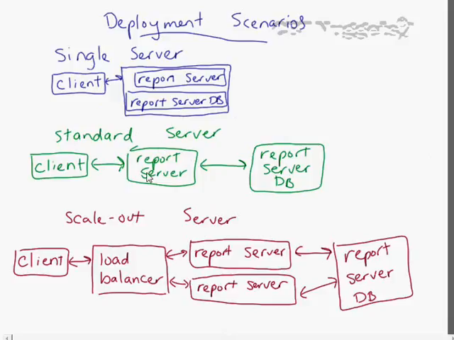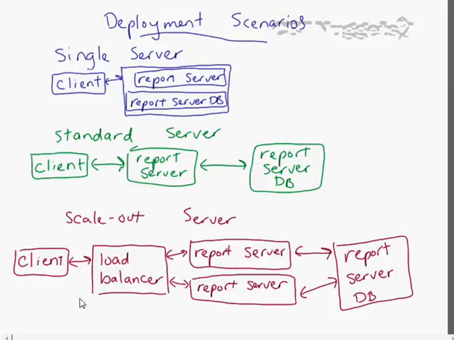So we have the client talking to a report server on one machine, and then the report server database on yet another machine. Now, there might be scenarios where you have a lot of clients, and even this situation isn't enough. If you find that you have a lot of connections and the report server is getting pounded, then you might decide to have a load balancer.